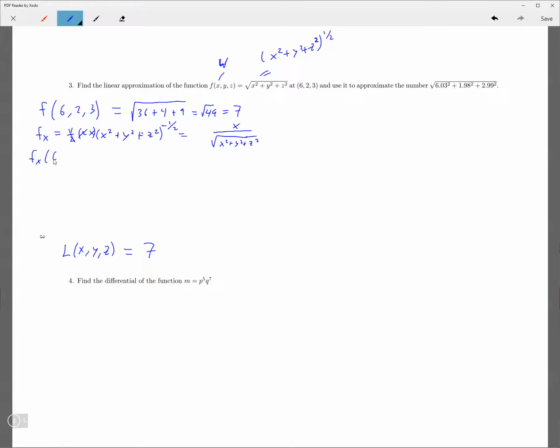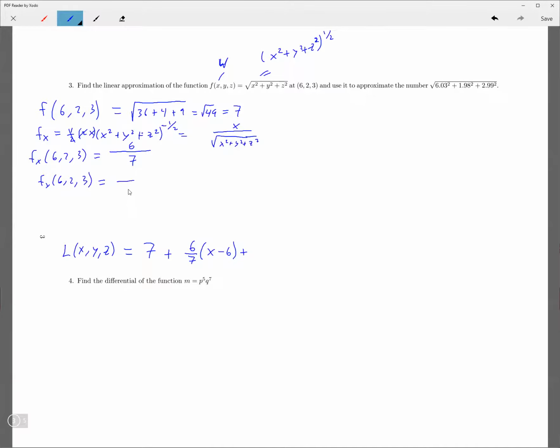And if you plug in the point 6, 2, 3, the bottom is going to be 7 and the numerator 6, so that's going to be 6 over 7. Okay, so then we have 6 over 7 times x minus 6. Okay, what do you think the next one's going to be? Does anybody want to take a quick guess at it? Y. What do you think f y of 6, 2, 3 is going to be?